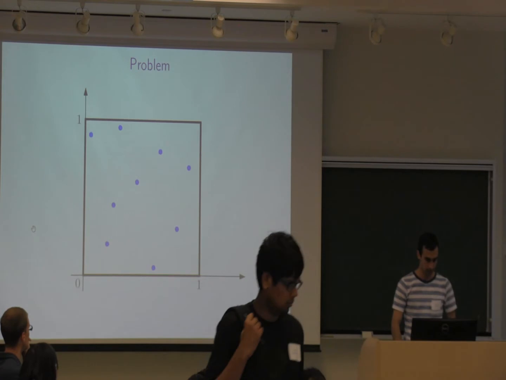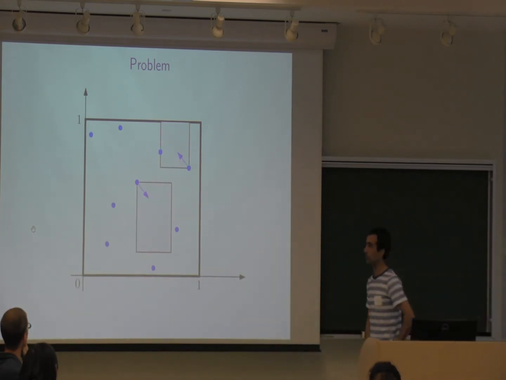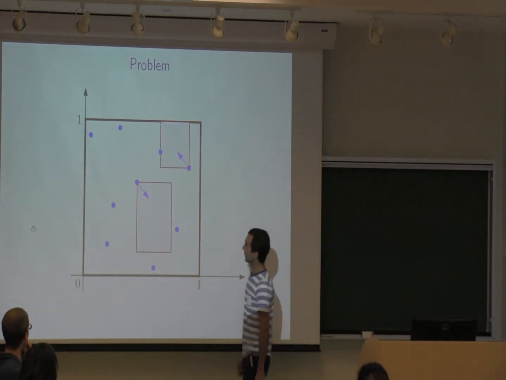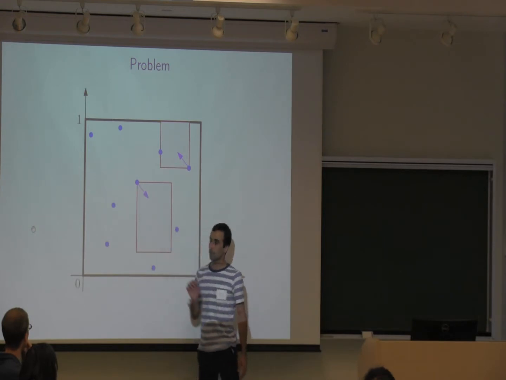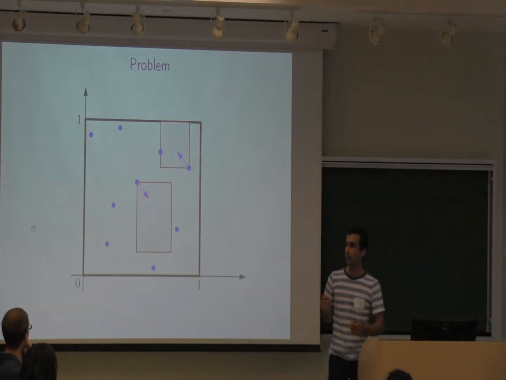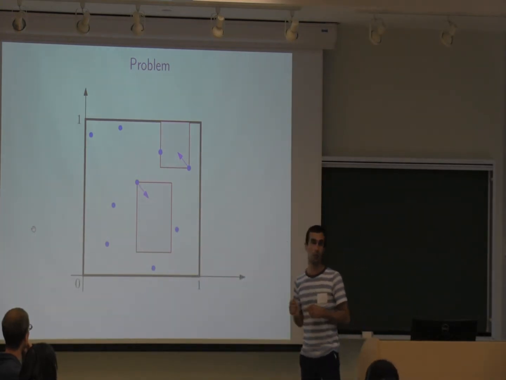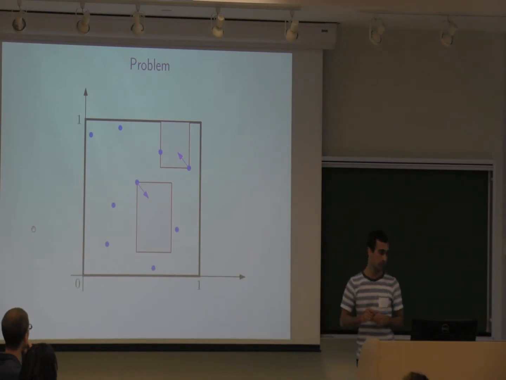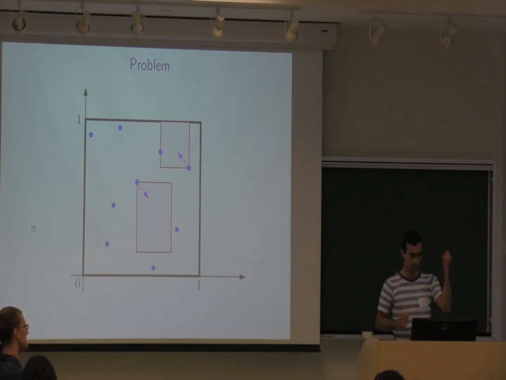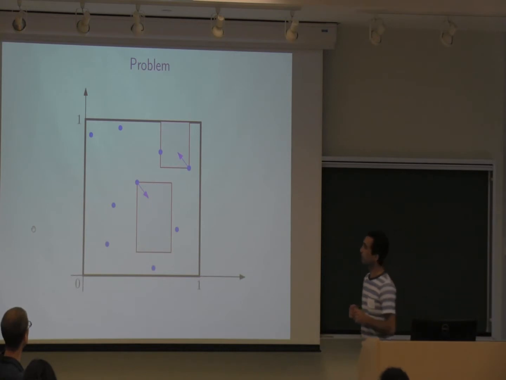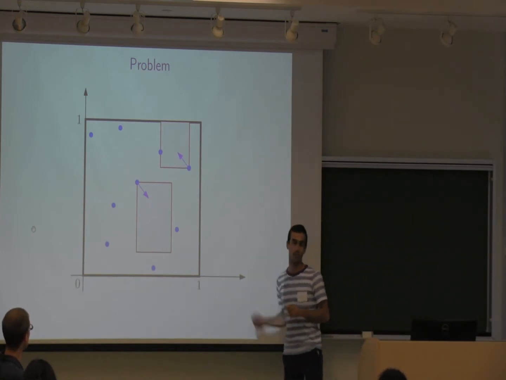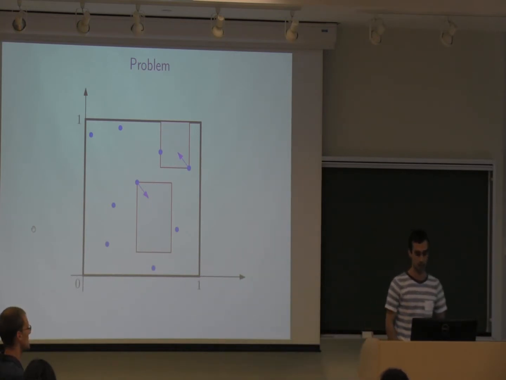What is an n-chord rectangle? Here are two examples. A rectangle is n-chord if it has one of its corners at a blue point. So here I have one that has the upper left corner at a blue point, and that one has the lower right. These are two examples of input.